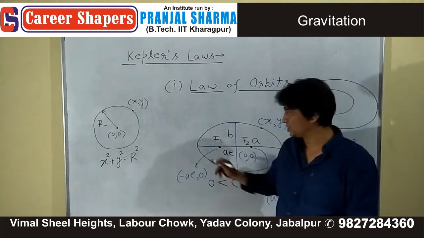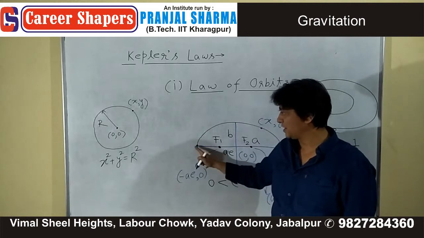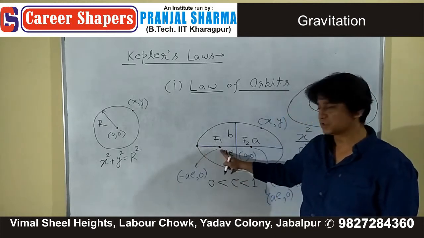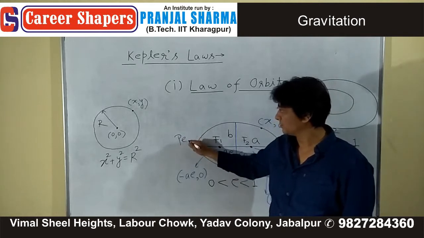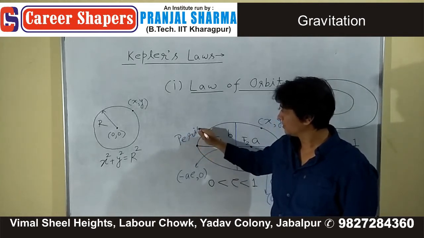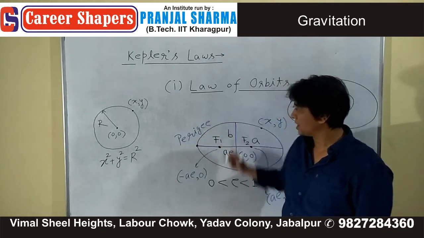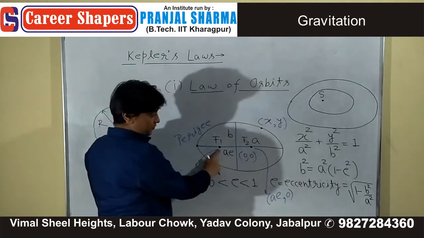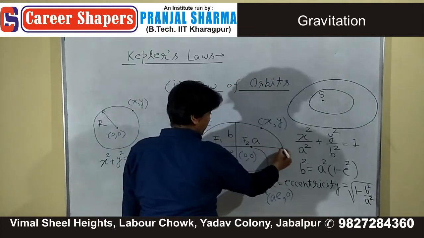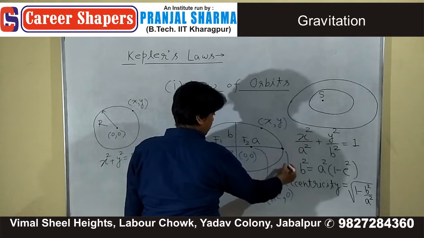This closest position of any body about this focus is called perigee. Closest point. The farthest point from the focus, this point, is called apogee.